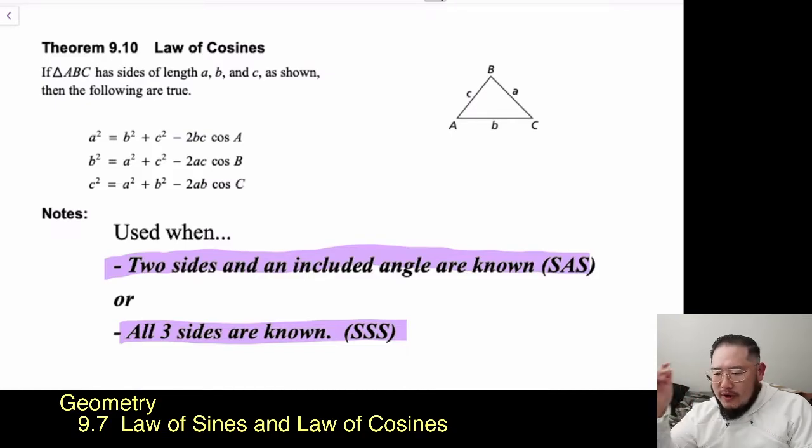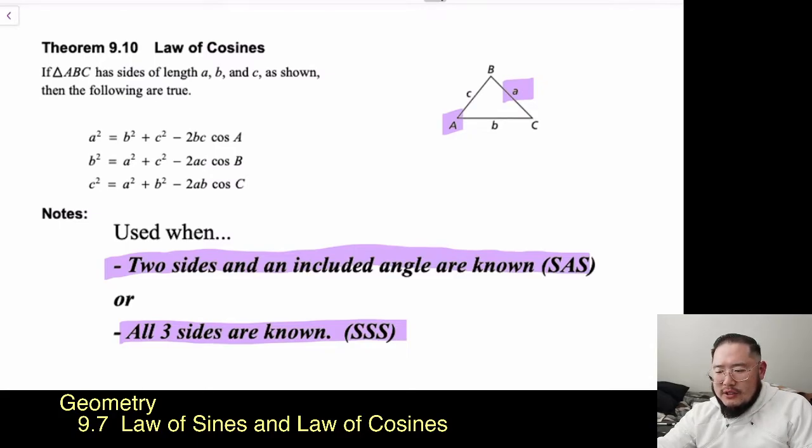So here's the thing. Let's break down the equation. If you want to find side A, then they have to give you angle A. Actually, let me go back. If you want to find side A, then yes, you must know what angle A is.